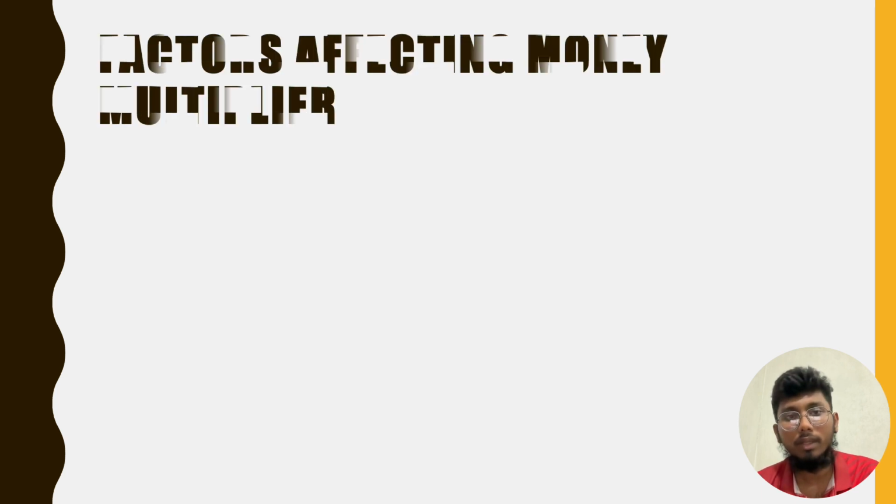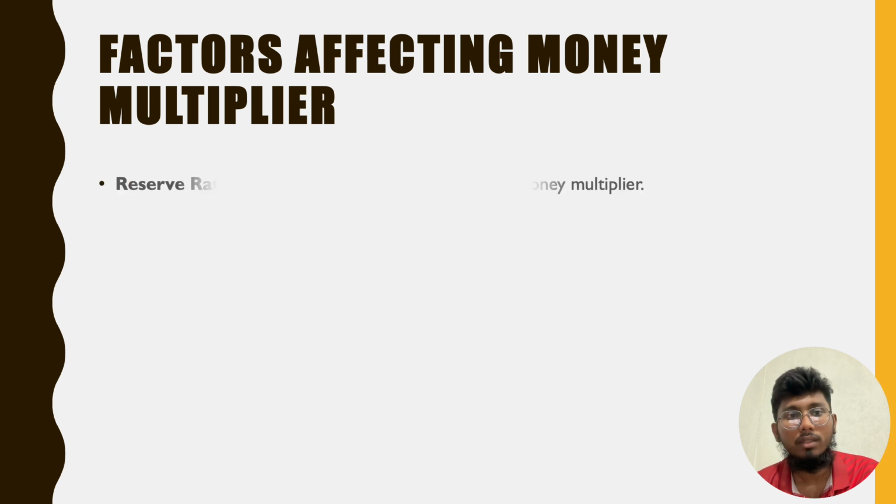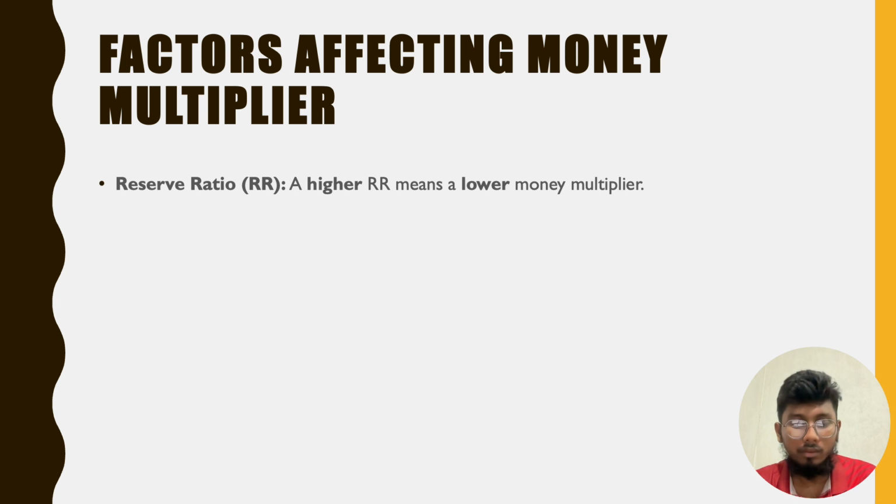Then we'll try to explore some factors which affect money multipliers. The first factor is the reserve ratio. We already know about the reserve ratio. Several factors influence the effectiveness of the multiplier, and the reserve ratio is one of them.